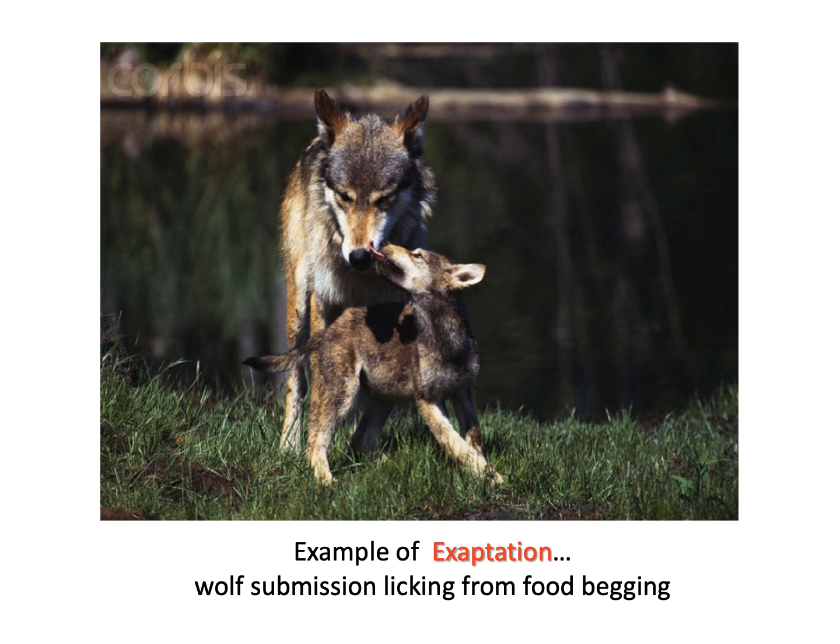For example, here's one which is an adaptation by young wolves and dogs as well to be submissive by licking and begging for food. So in this way, they get food without actually having to hunt many times. This also is important to the adult that also gets some benefit out of feeding the young as well.